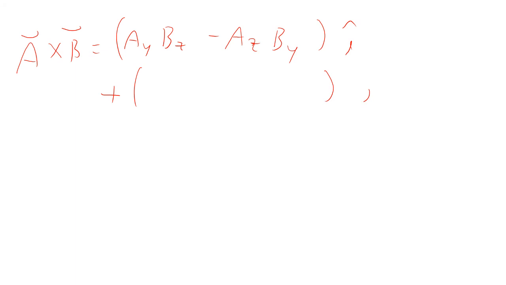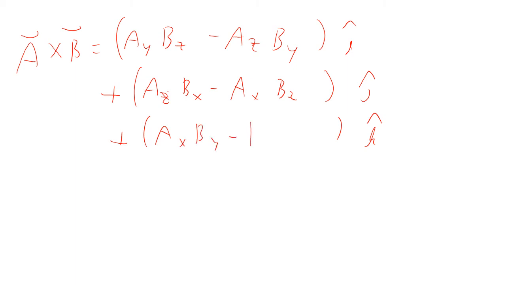In the J direction, this is AZ BX minus AX BZ. And then in the K direction, AX BY minus AY BX. So there we have it.